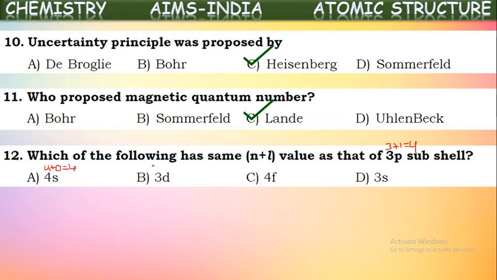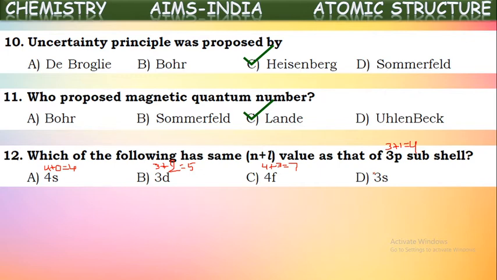Next one, n value is 3 for 3d subshell, and l value, as it is a d subshell, will be 2. So the total becomes 5. Now for 4f, n value is 4 and l value is 3 because it is an f subshell. So the total becomes 7.